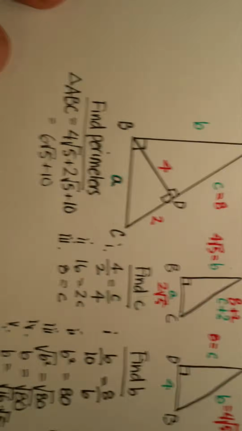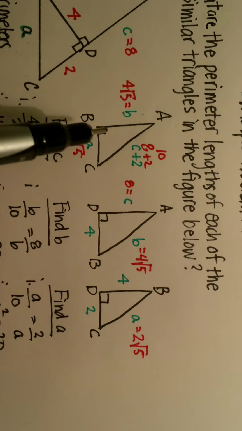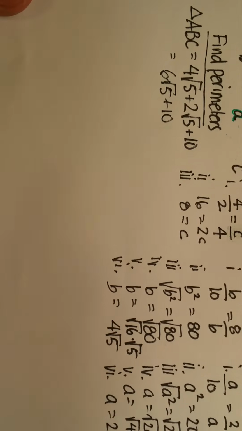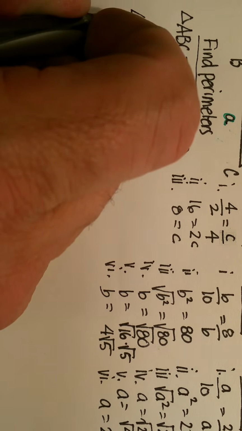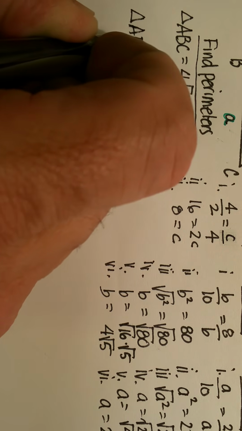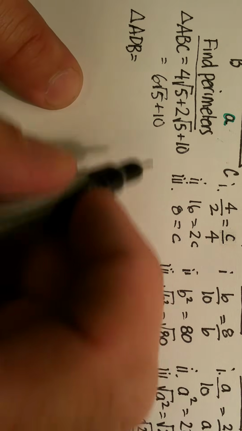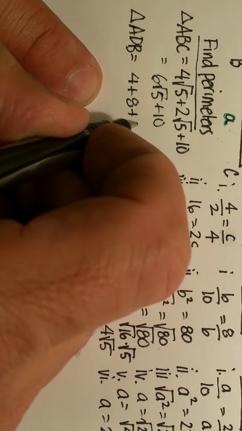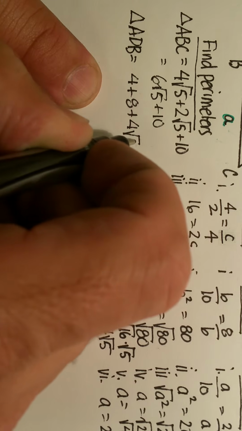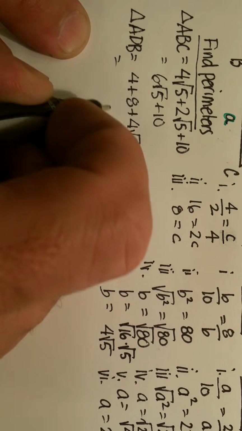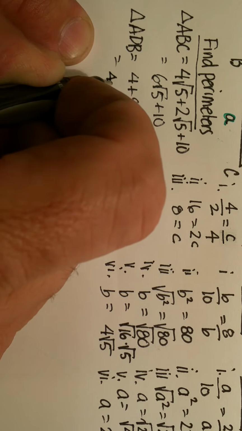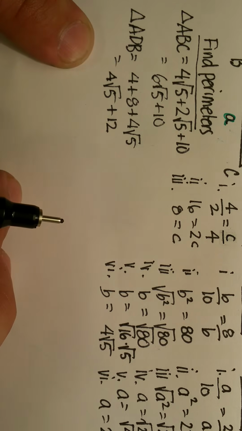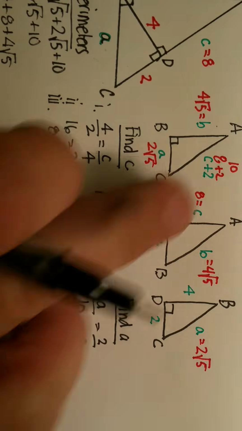Now let's find the second triangle, which is triangle ADB. That is equal to 4 plus 8 plus 4 radical 5. That's a simple one. It's going to be 4 radical 5 plus 12 is the perimeter of the second triangle.